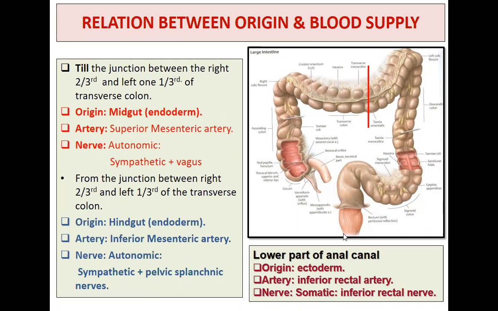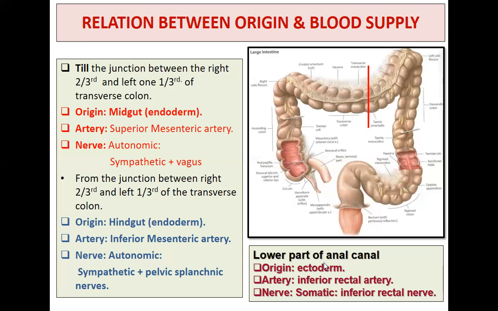Then coming to the anal canal. This includes the rectum and the sigmoid colon. Now the anal canal, especially the lower part, is developed from the ectoderm, and that is supplied by the inferior rectal artery.